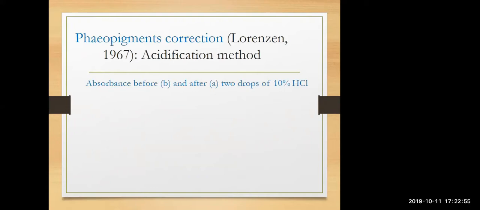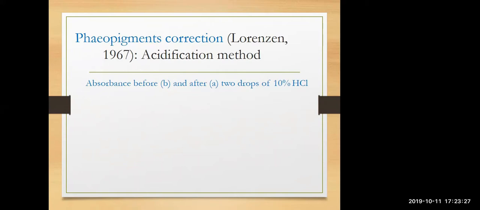There is one point that has to be taken into account when we are measuring chlorophyll-a concentration, not only using spectrophotometers but also with other methods. These are degradation pigments, or even other pigments that can be present in the sample and can interfere with our measurement of chlorophyll a, because they have an absorption peak near that of chlorophyll a.